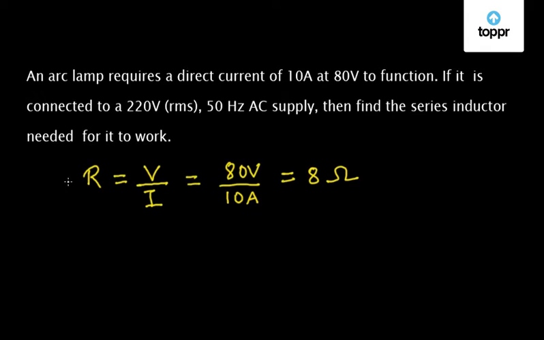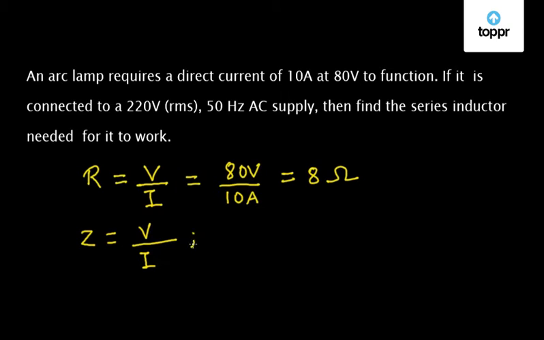Now this arc lamp is connected to an AC source and a series inductor is also connected to the circuit. So now let us try to find out the impedance of the AC circuit. The impedance of the AC circuit can be written as V, the RMS voltage of the AC circuit, upon I, the RMS current through the AC circuit.